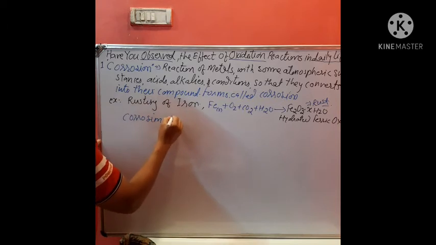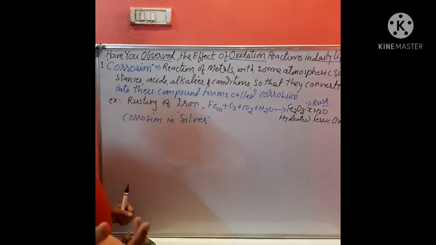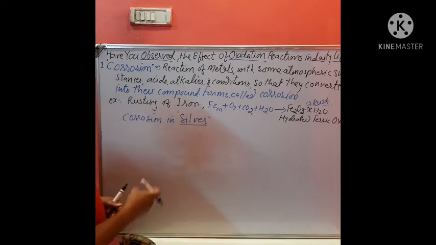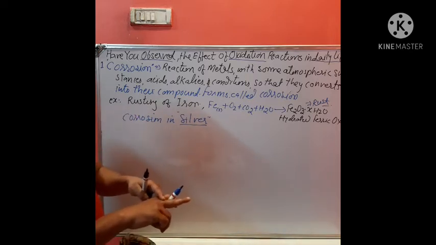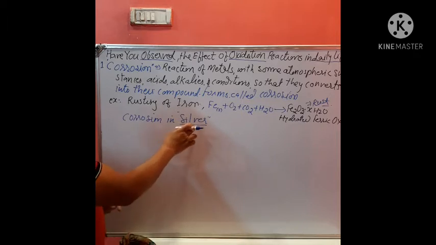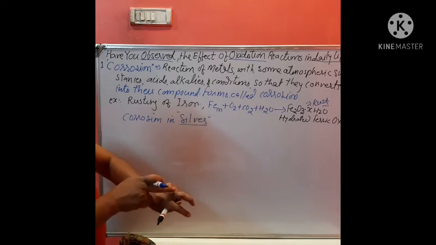okay, in silver. Student, sometimes you wear jewelries, that is ornaments made up of silver. The natural pure silver is white in color, a brilliant white. Therefore, we are using it as what? Ornament. But when it is exposed to atmosphere where some substances are present, then after some time, that is 6 to 8 months, its brilliance gets damaged.